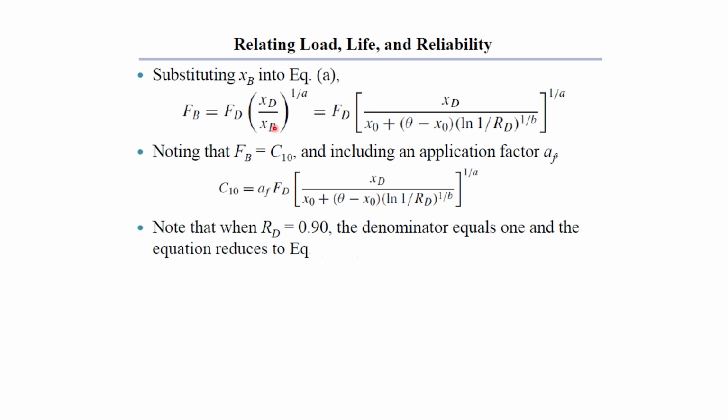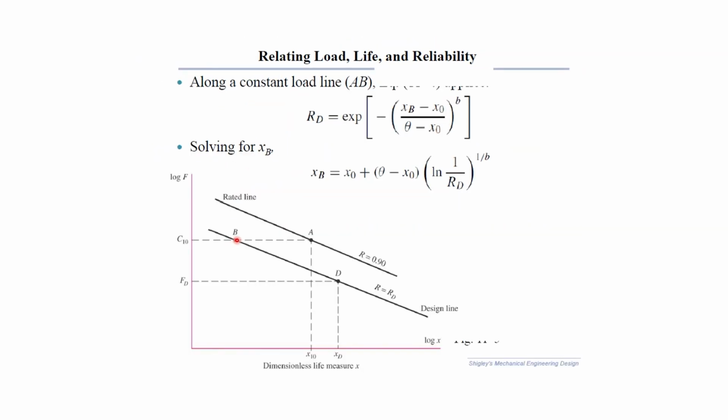So, substituting the value of Xb, we got this equation. Note that Fb is equal to C10. You see here, the force which is acting at B is equal to the force acting at A, and A is the rated line or rated point. So, corresponding to this A, the force will equal the dynamic load capacity of the bearing, which is called C10.